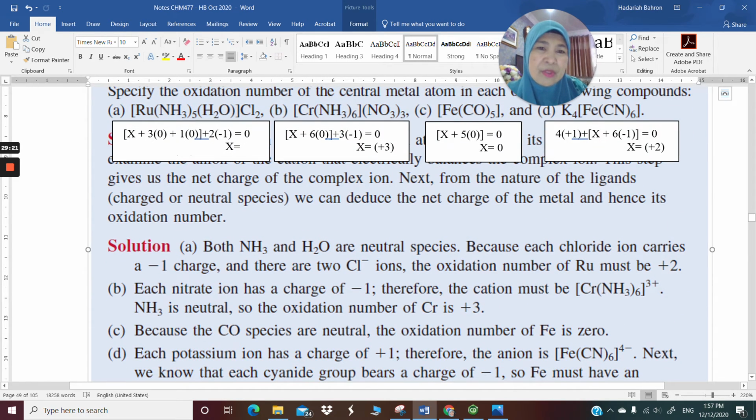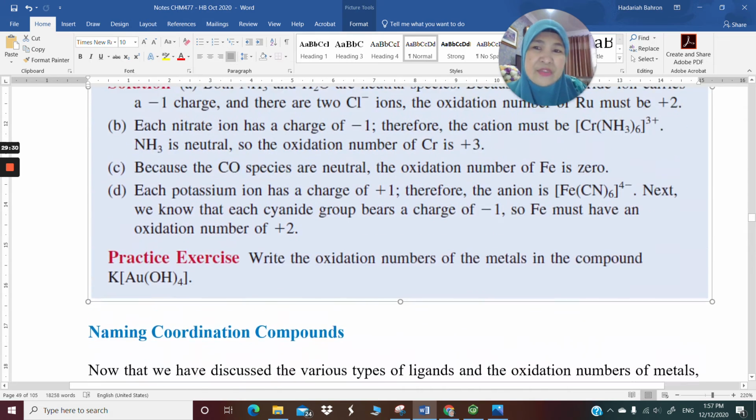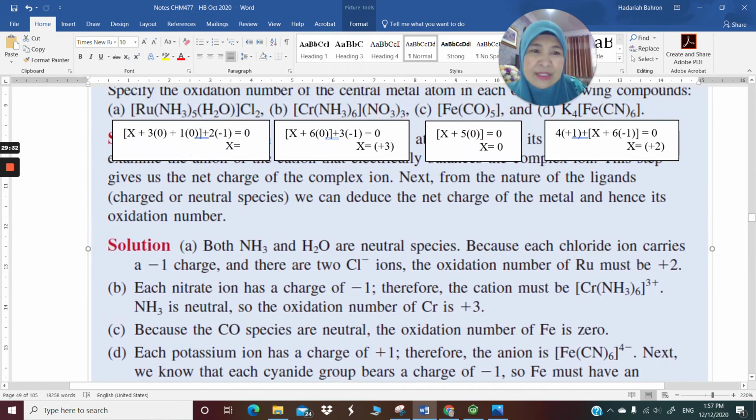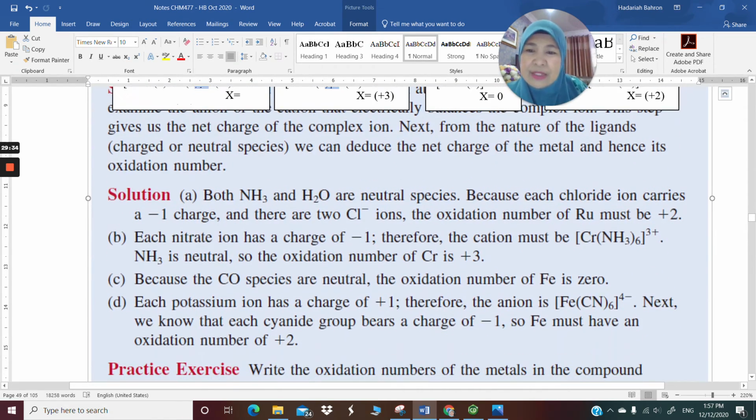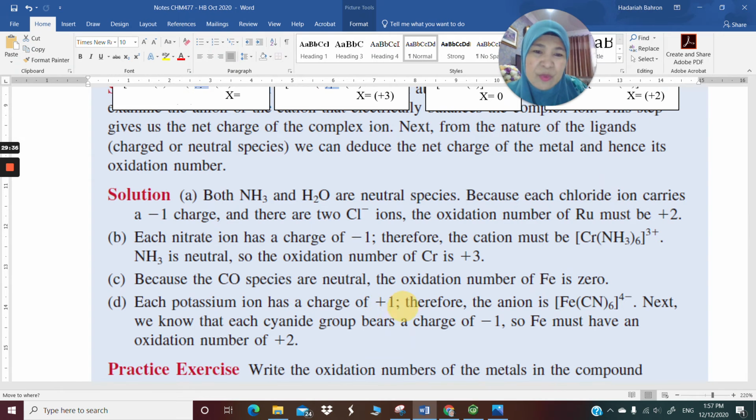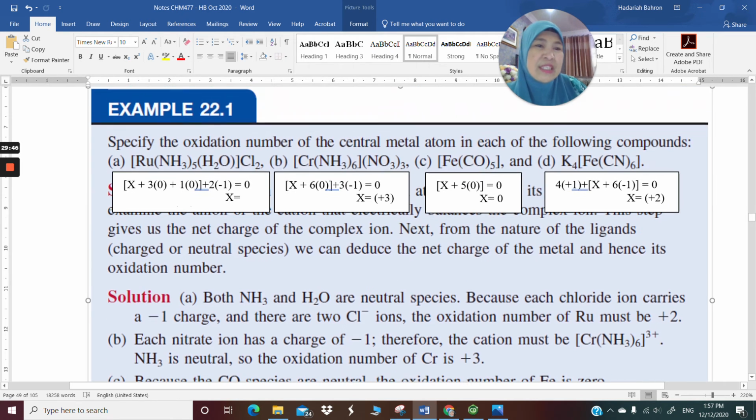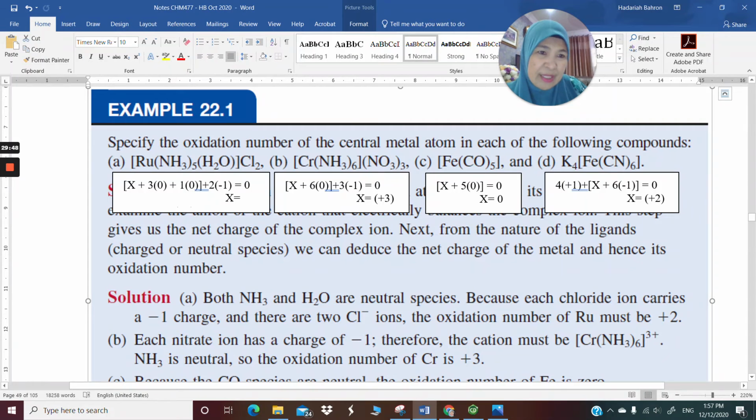Because your carbon monoxide is a neutral molecule, doesn't carry with it any charge, and the whole thing doesn't have any charge, so your iron is 0. And lastly, for D, I'm repeating, each potassium ion has a charge of +1, therefore the anion has a charge of -4. Next, we know that each cyanide group bears a charge of -1, so iron must have oxidation state of +2, like we worked it out in these white boxes.